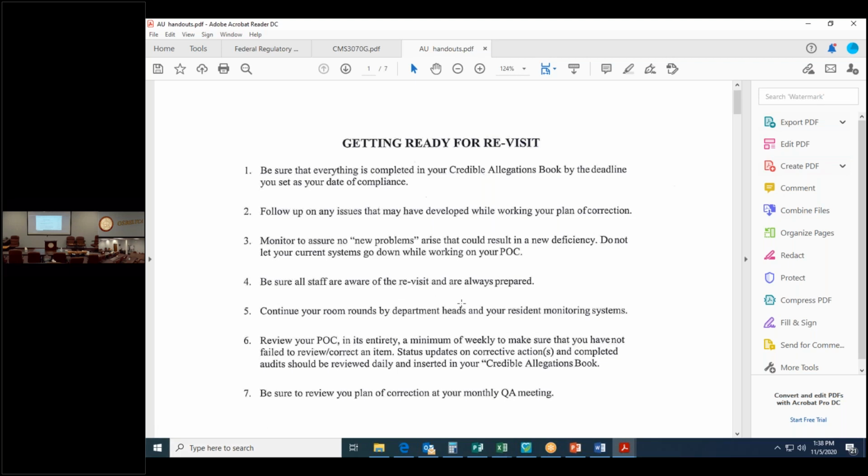Be sure that your staff are aware of what you put in your 2567 as your correction. You should show where your staff were in service. Now, I've been in situations where the staff were in service multiple times, and when surveyors came for the plan of correction, they were not doing it the way they had been told in service.